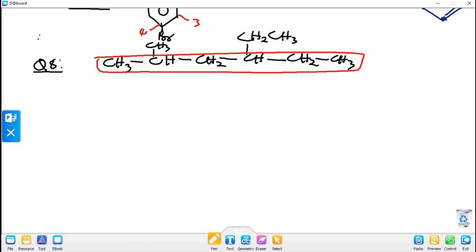And now, where do we take our numbering scheme from? If we go from the left hand side, this will be carbon 1, carbon 2, carbon 3, carbon 4, carbon 5, carbon 6.